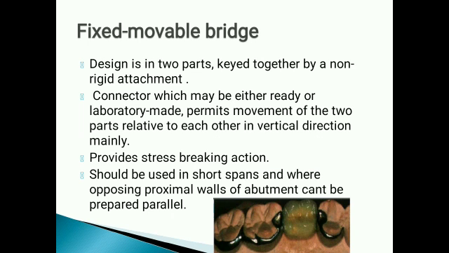The fixed-movable bridge design is in two parts, joined together by a non-rigid attachment connector, which may be either ready-made or laboratory made, and permits movement of the two parts relative to each other mainly in the vertical direction. It provides a stress breaking action, should be used in short spans, and the opposing proximal walls of the abutments can be prepared parallel.